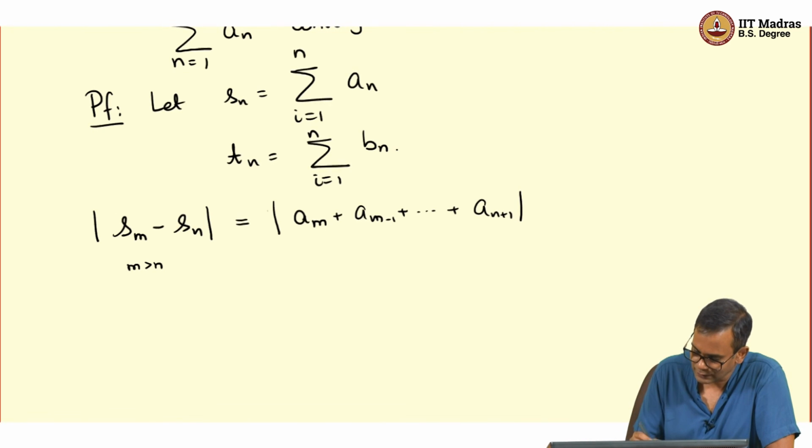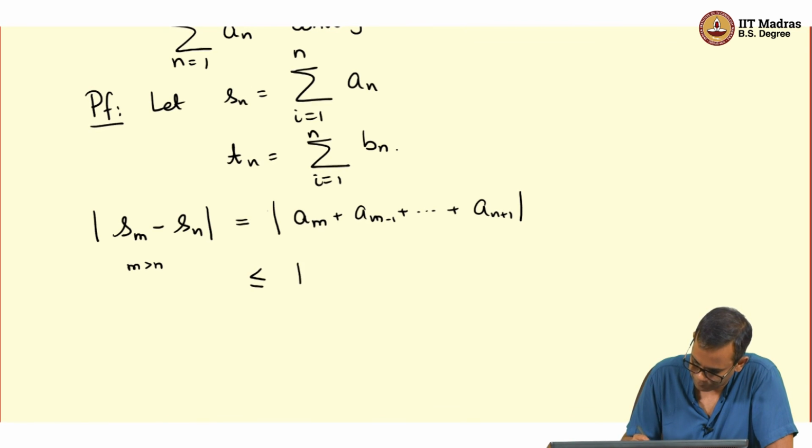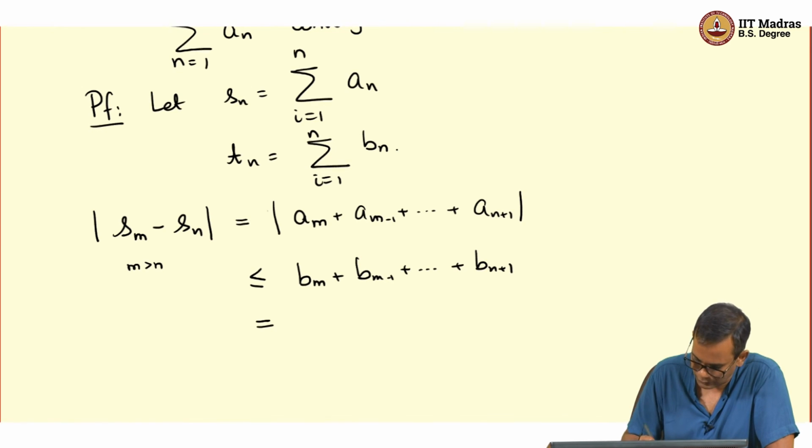And this, well, term wise A_m is less than or equal to B_m, so this is less than or equal to B_m plus B_{m-1} plus up to B_{n+1}, but that is just T_m minus T_n, and this we know is the Cauchy sequence.